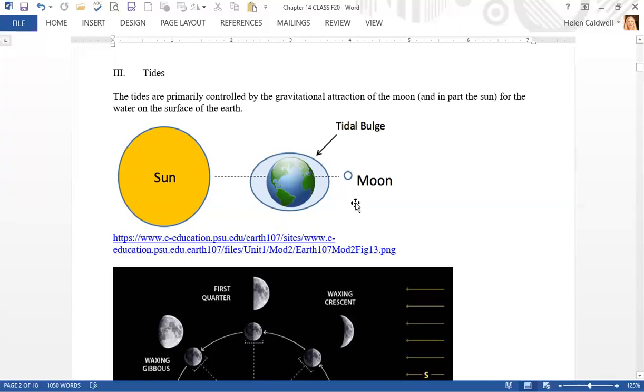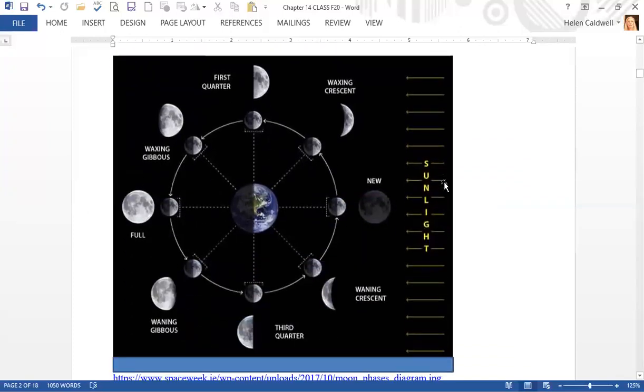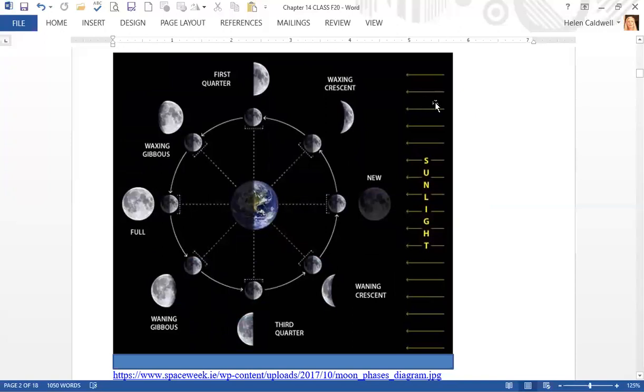Now the moon doesn't stay fixed. The moon actually changes its position. And so if we look at this diagram, we have the sunlight coming from the right-hand side in this particular picture, and here is the Earth. When the sun is on the back side of the moon, we say it's a new moon.